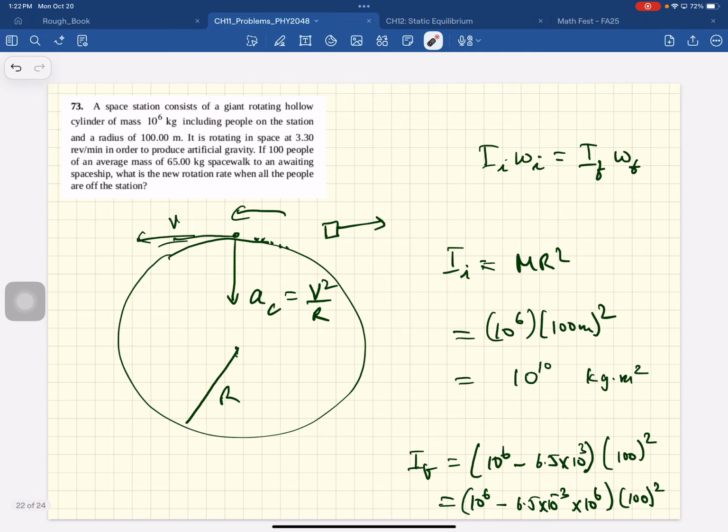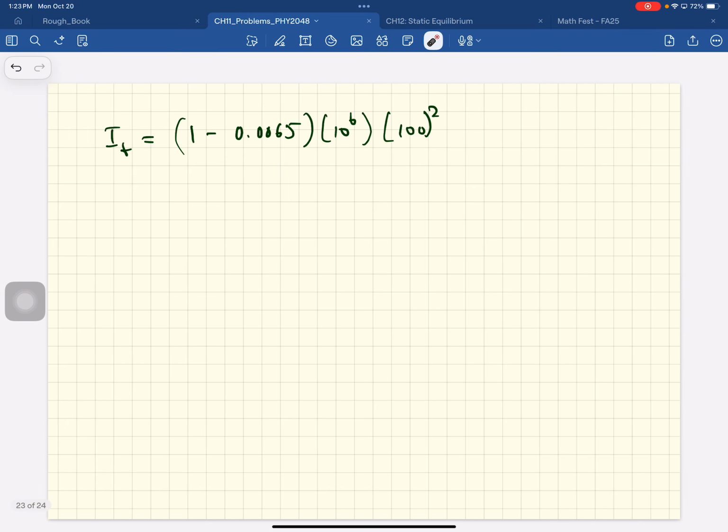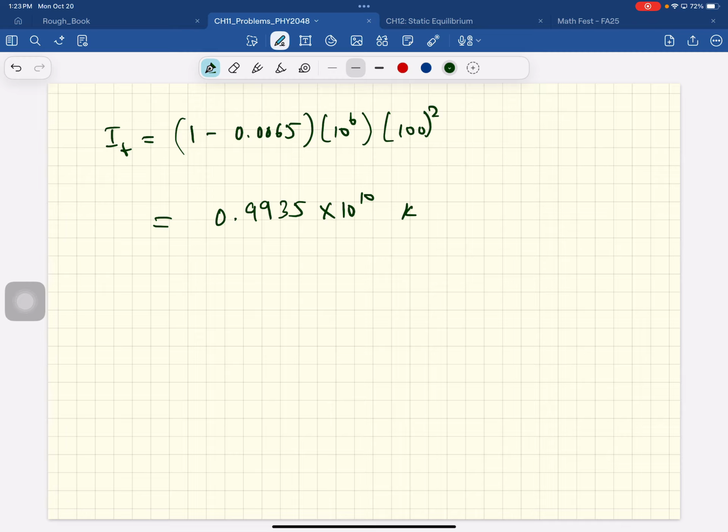So what I've done is brought 10 to the 6 out. You have 1, and 10 to the minus 3 times 6.5 is 0.0065. And this is equal to 0.9935 times 10 to the 10 kg meter squared.